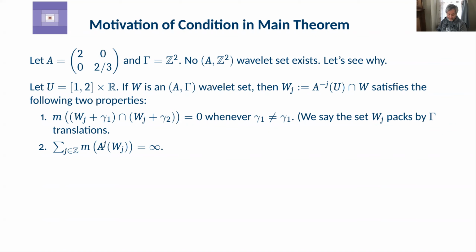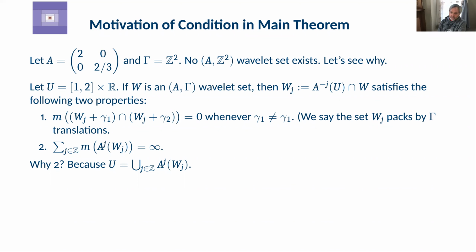The reason is, if I union the A to the j, W_j's, I have to get all of U back, because remember, W was supposed to be a wavelet set. The only powers of A that map W back into U are these. And since the union of A to the j W is all of R^2, when I intersect it with U, it has to give me all of U.